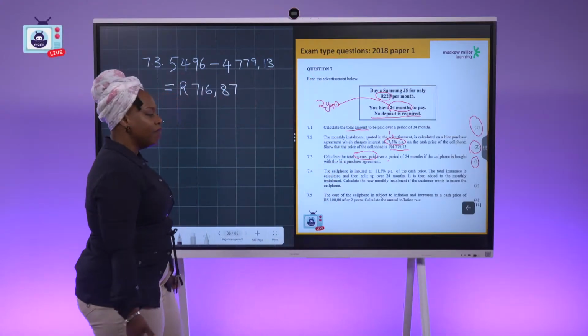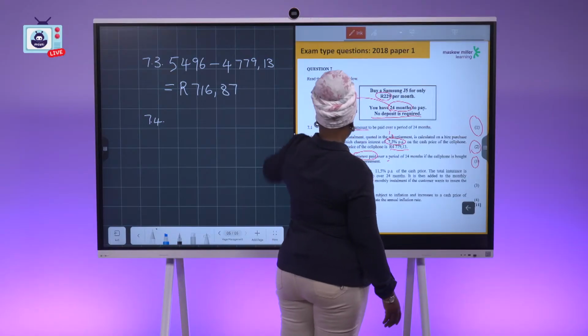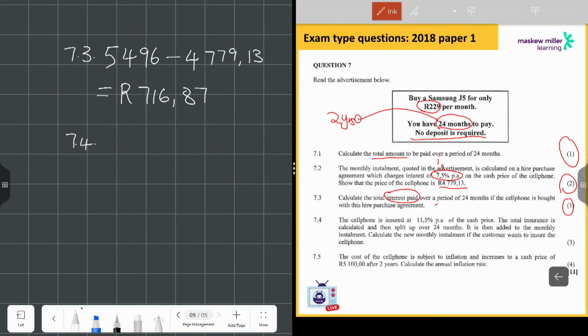Now we have a different scenario, question 7.4. They said the cell phone is now insured. Right. There was no insurance before, they were just talking about an installment. They say now the cell phone is insured at a rate of 11.5% of the cash price.